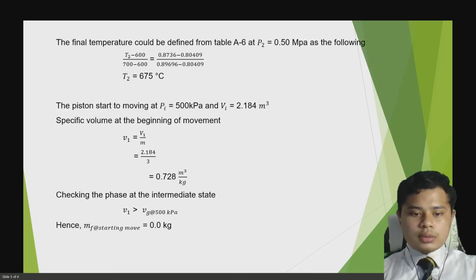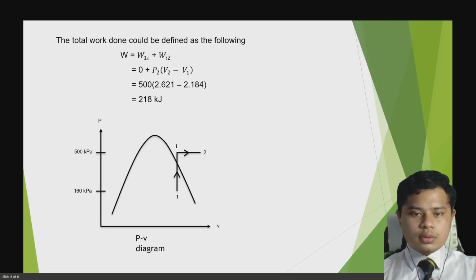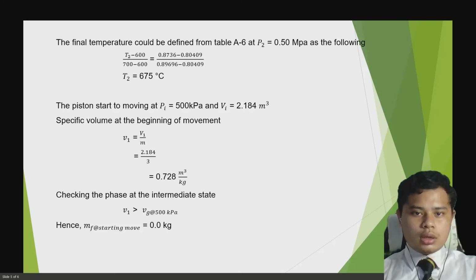Hence, that means that the mass at liquid phase when the piston starts to move is 0, because all the mass has changed to vapor. That means there is no mass at the liquid phase. So that has answered our second question.